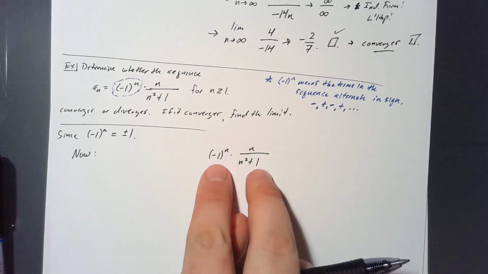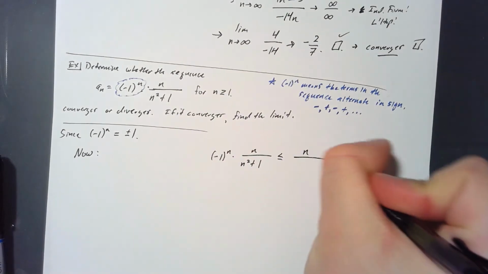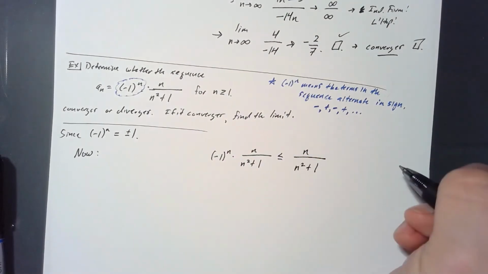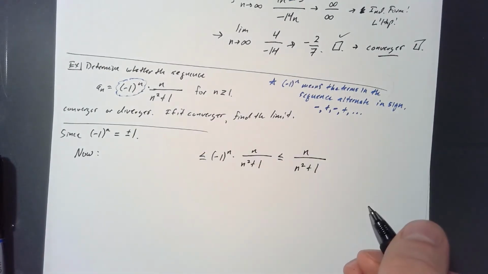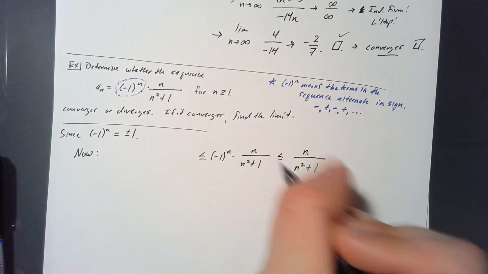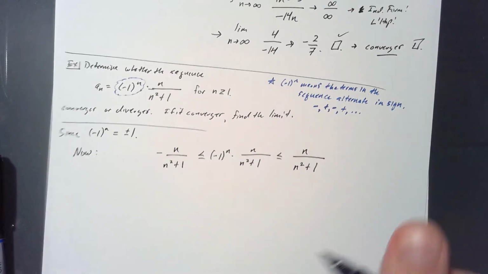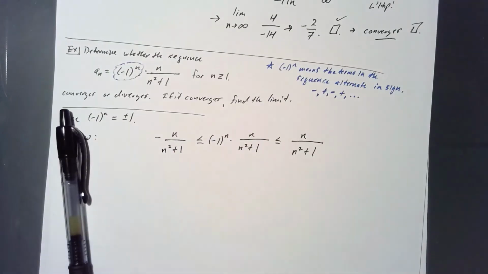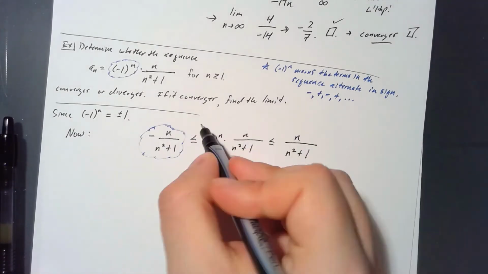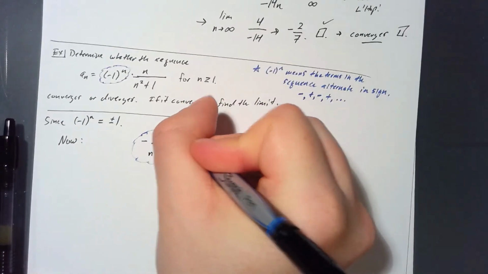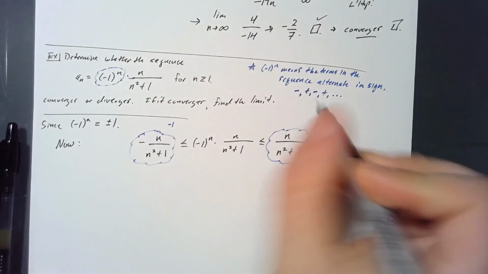So that means this is going to be less than or equal to the positive form of the sequence, and it's going to be greater than or equal to the negative form of the sequence. This is the negative one. So this is the case where it's negative. And this right here is the case when this is positive.